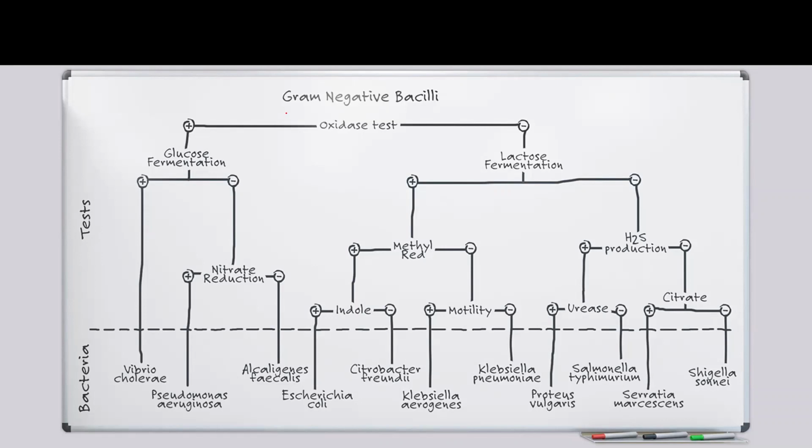So let's say we already test that the bacteria is actually gram-negative bacteria. Then the next test will be oxidase test. And if the test is negative, then the next test will be lactose fermentation test. So you have to follow this test in order to identify the unknown bacteria.